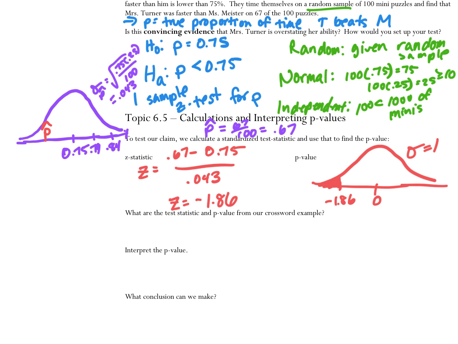In other words, what is the probability you get that sample when the null hypothesis is true? And I've got a p-value of 0.03.